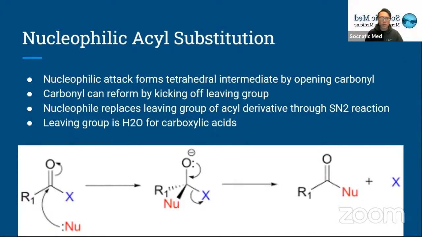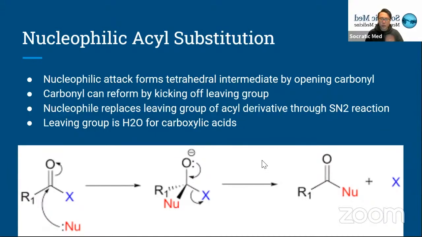On the bottom, I just have the general mechanism for nucleophilic acyl substitution. So the nucleophile attacks the molecule through a backside attack that pushes the electrons onto the oxygen. And this just forms this tetrahedral molecule.